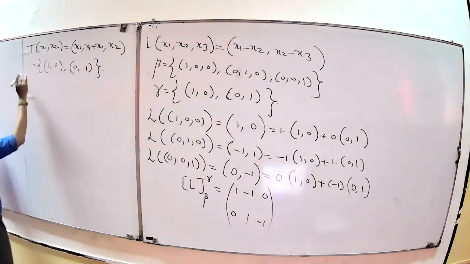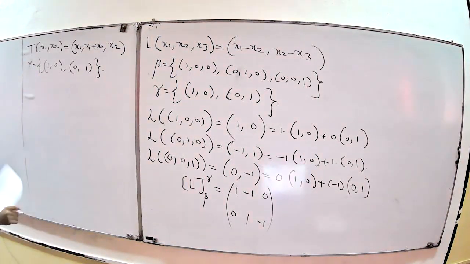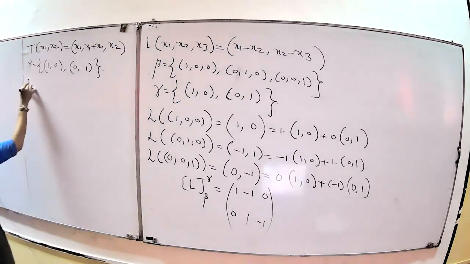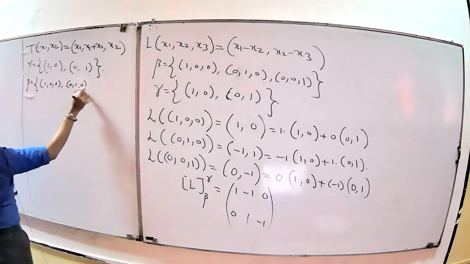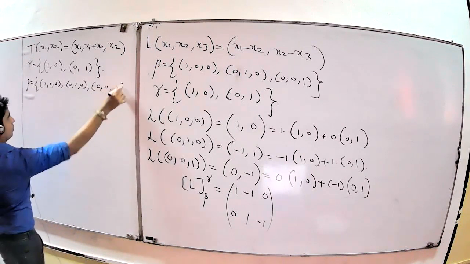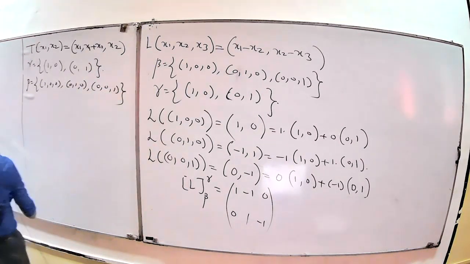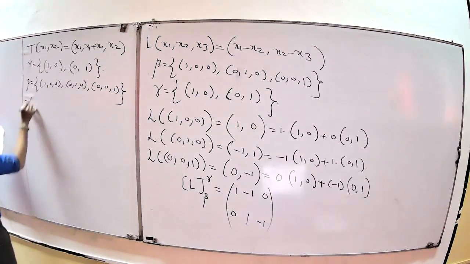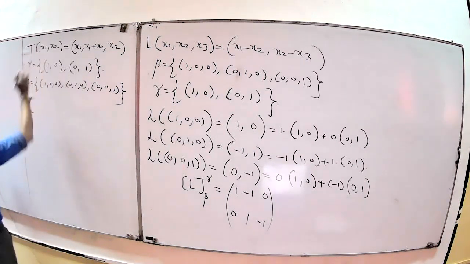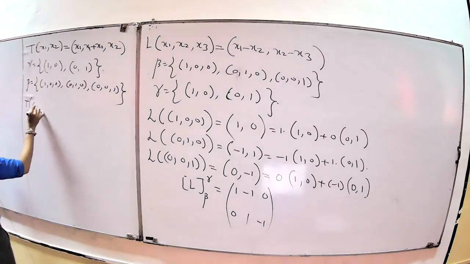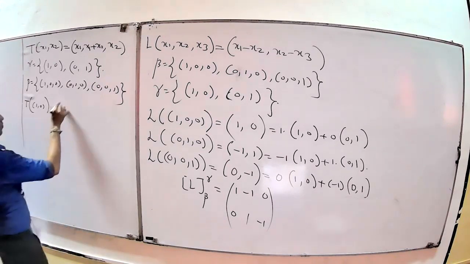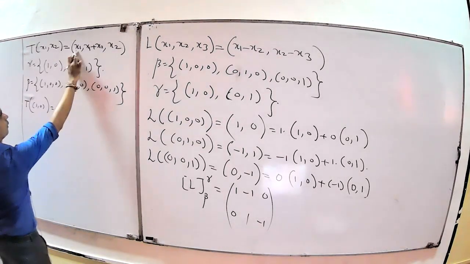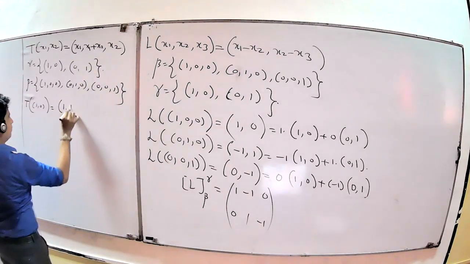Gamma, no? Beta, 1, 0, 0, 0, 1, 0, 0, 0, 1. It is for here. Now T of 1, 0 gives 1, 1, 0.